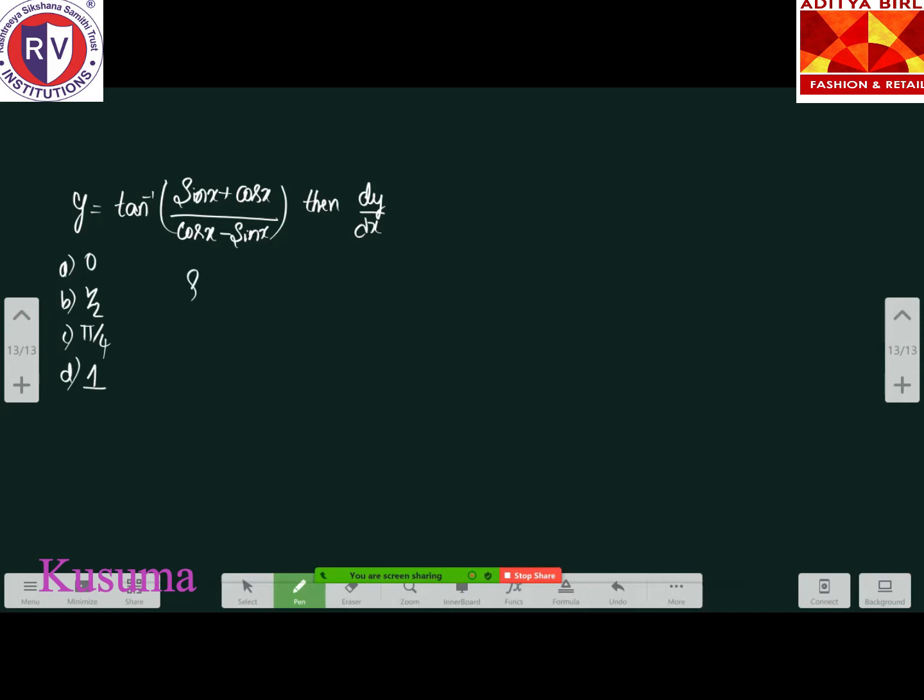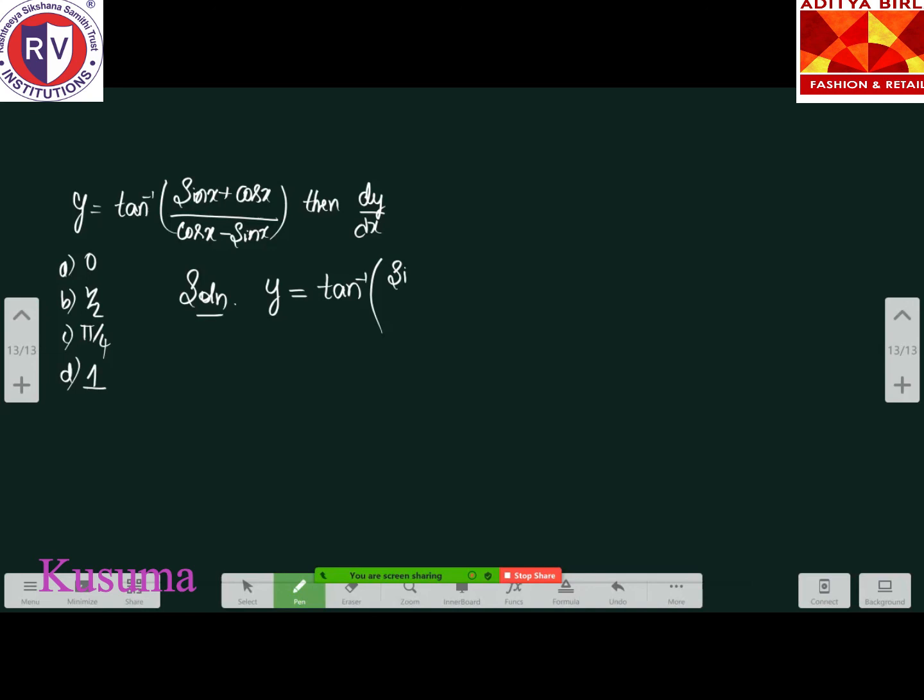Okay, can anybody tell me what can be done here? What is differentiation of tan inverse x? 1 by 1 plus x square. Can you do it here?